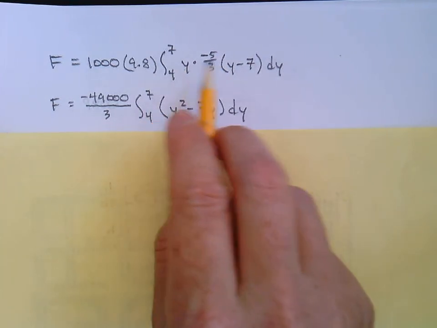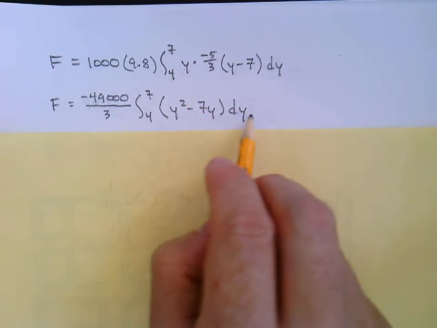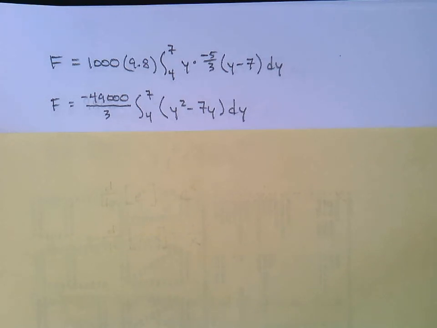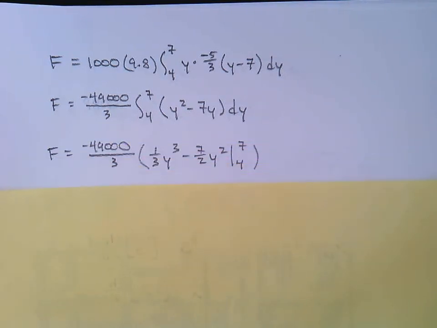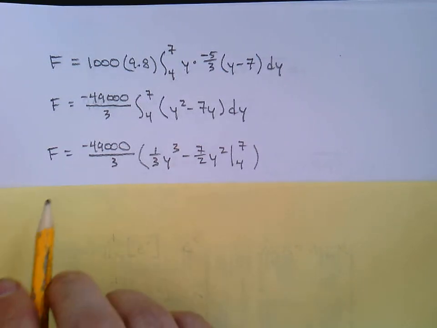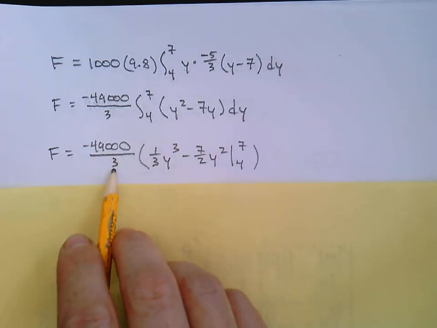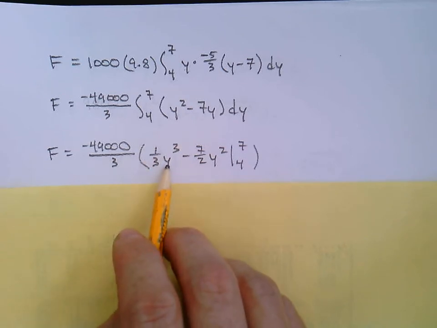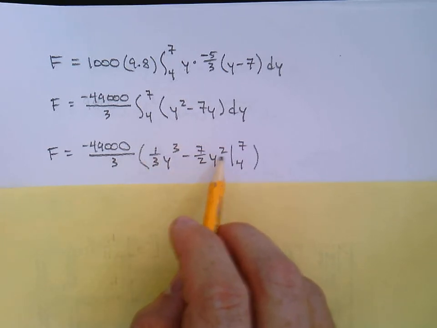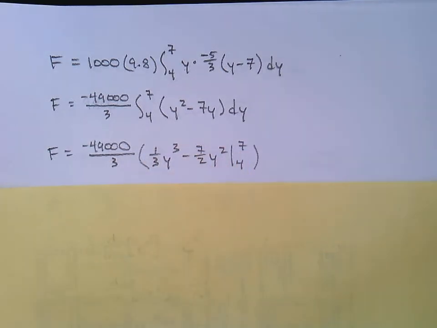Let's just distribute the y, so y squared minus 7y. This is going to be very straightforward. We just have a polynomial to integrate. So let's wrap this one up. It's very fast once we have this. Negative 49,000 over 3, and then 1/3 y to the third minus 7 over 2 y squared, integrated from 4 to 7.